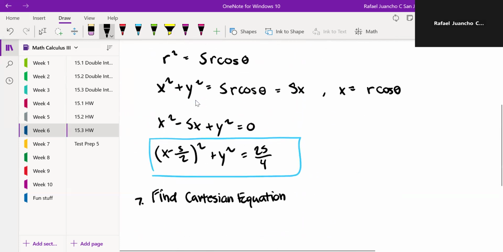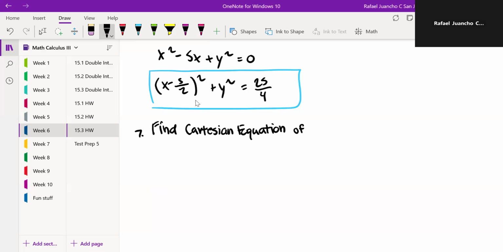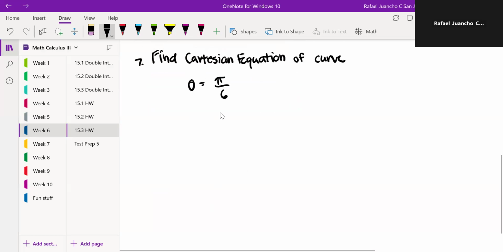Okay, so we find the Cartesian equation of the curve again. And here we have theta is equal to pi over 6. Now, what is this? So here really, we want to try to derive something out of our previous calculus knowledge, right?